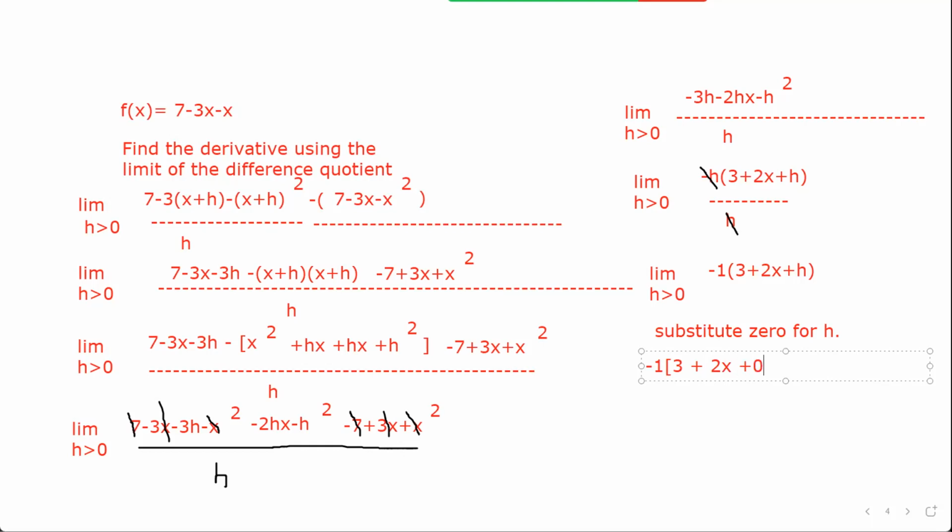So I get this. Now, what does that mean? That means I have to take the -1 through it, right? So this is going to be -3 minus 2x.